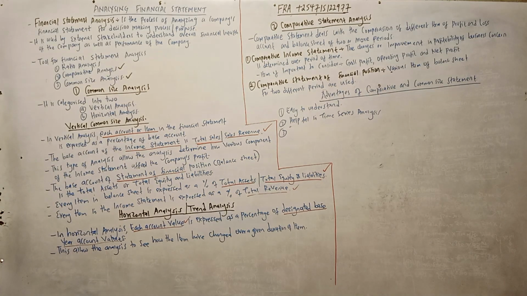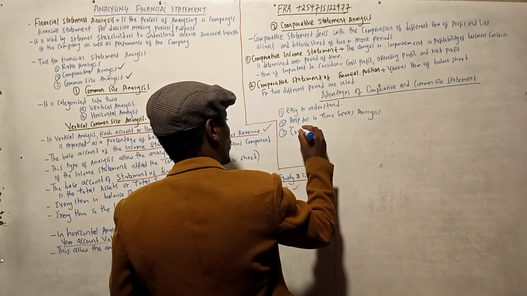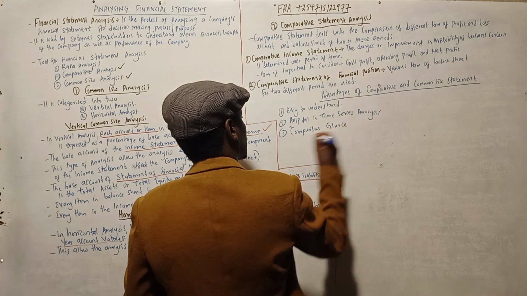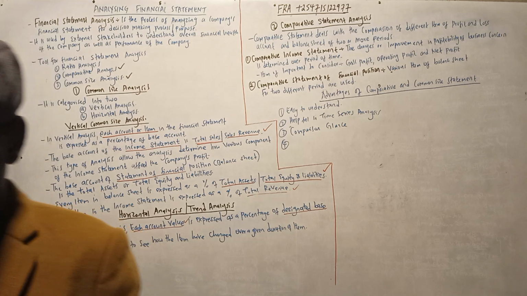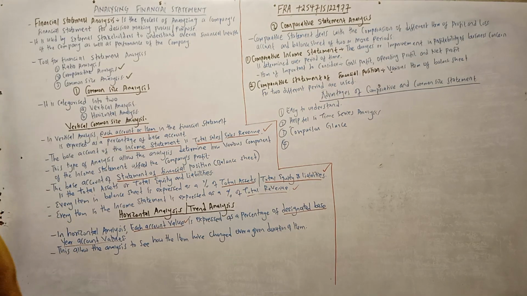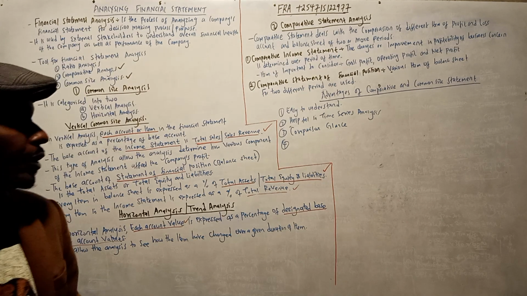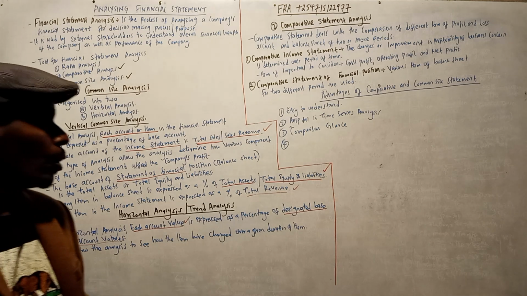Number three, comparison at a glance. An analyst can compare the financial performance at a glance, since there is a percentage increase or decrease in items, either in the income statement or in the balance sheet.